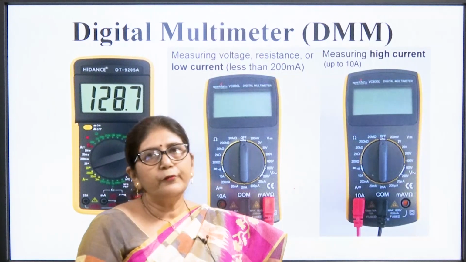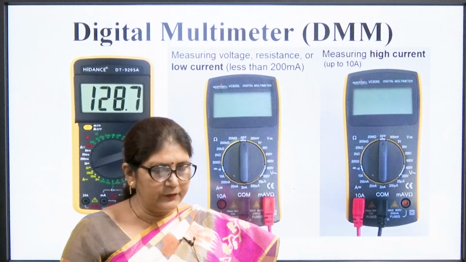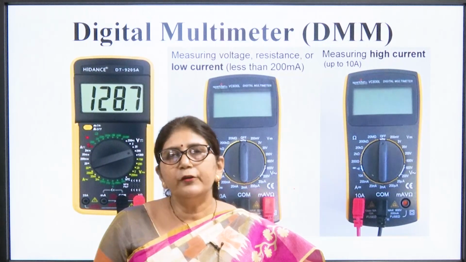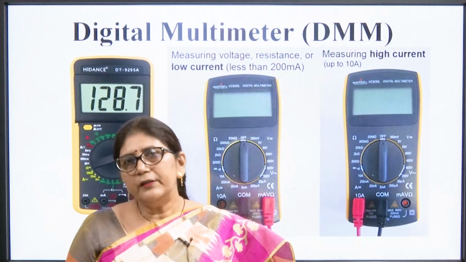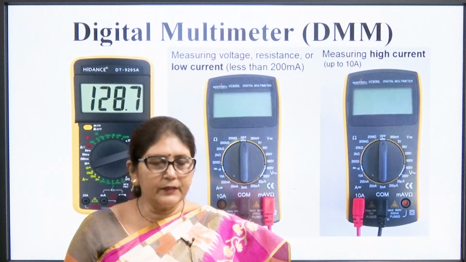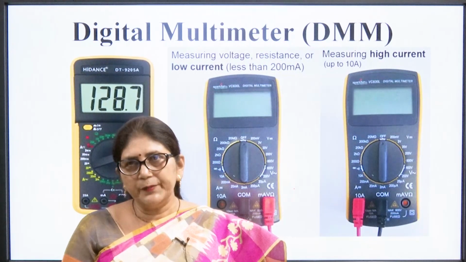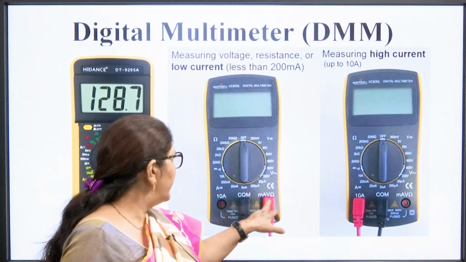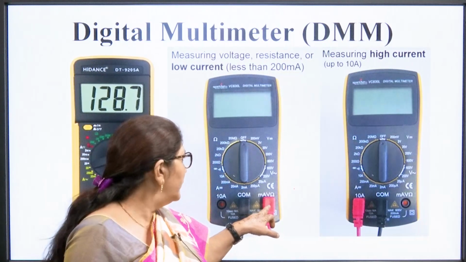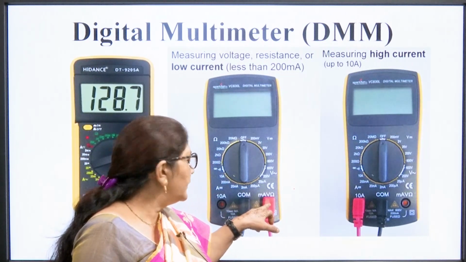Suppose we want to measure the current of an electronic circuit. We know that in an electronic circuit there is not much current, it is always less than 1 ampere, in the milliampere or the microampere range. So, we will put our lead at this position.